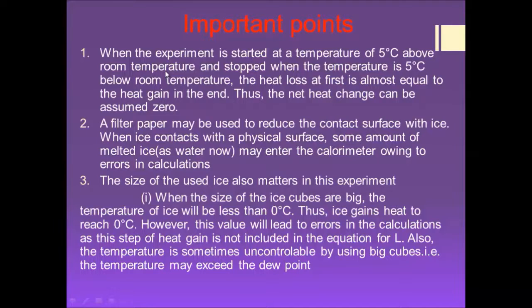So if you start the experiment at a temperature higher than the room temperature, there will be a heat loss from the system, and if you finish this experiment at a temperature of the same degree below, say about 5 degrees Celsius below room temperature, there will be a heat gain.